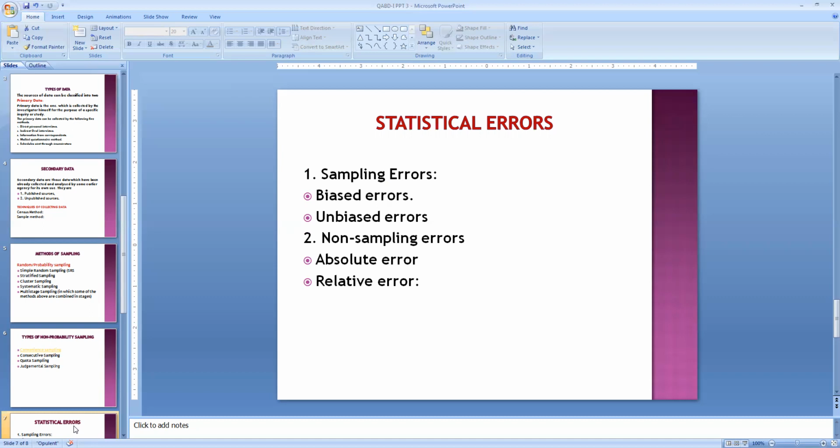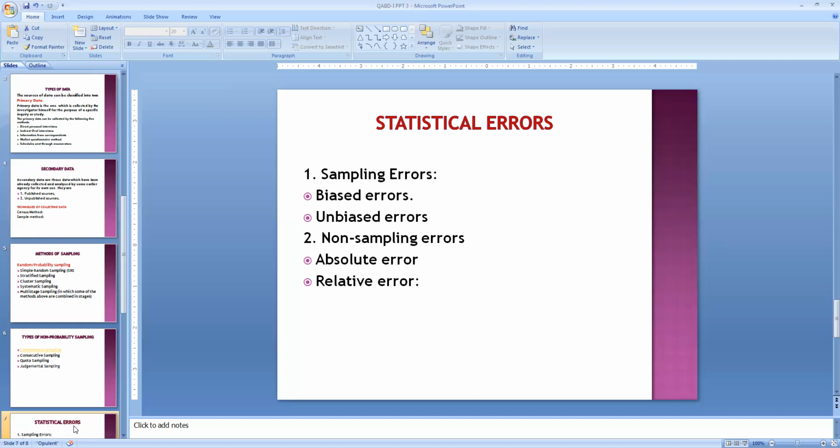In statistical error, there are two types: sampling errors and non-sampling errors. What do you mean by sampling error? It is the error caused by observing a sample instead of the whole population.